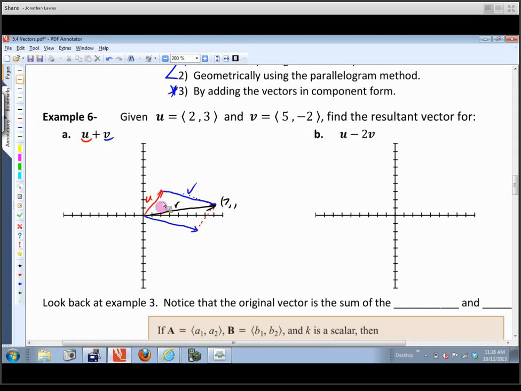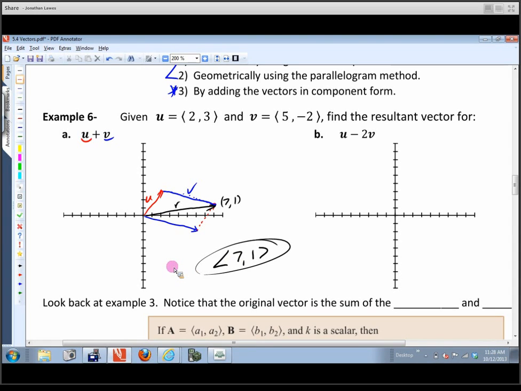And then we went down 2 for this one right here. So we end up at 7, 1. So since that point is where it ends and it starts at 0, 0, that is the answer. The answer to this one is 7, 1 in component form. Okay?